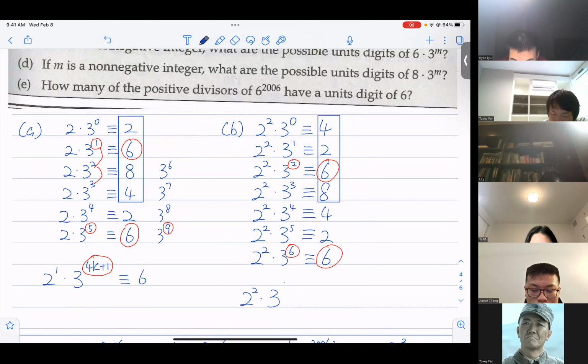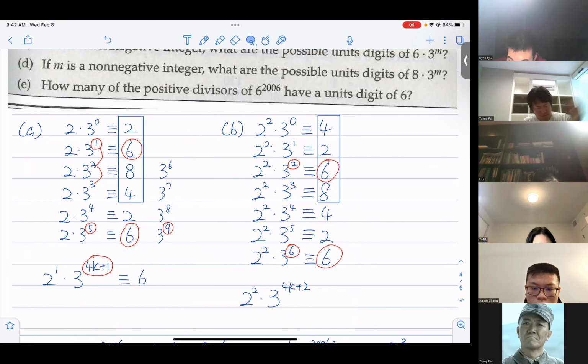Okay, so that means we have 4k plus 2 if you want. You don't have to write it down like this, just in your mind. You know that the powers of 3 in this case have to be multiples of 4 plus 2, or divided by 4, the remainder is 2, right? Remember, if you're in an exam, you don't actually have to write this down.